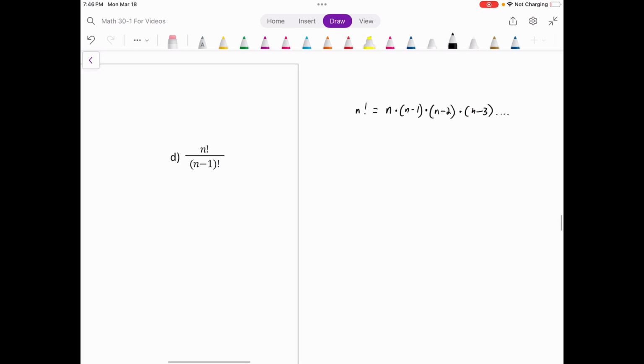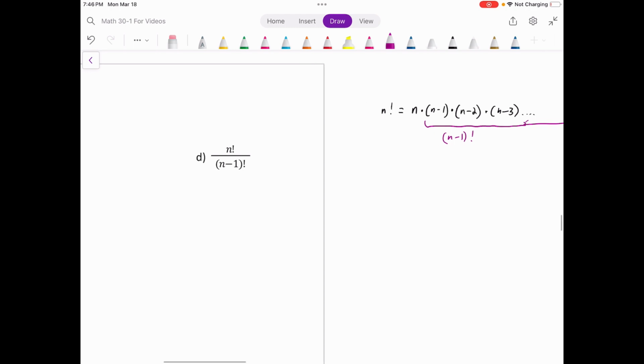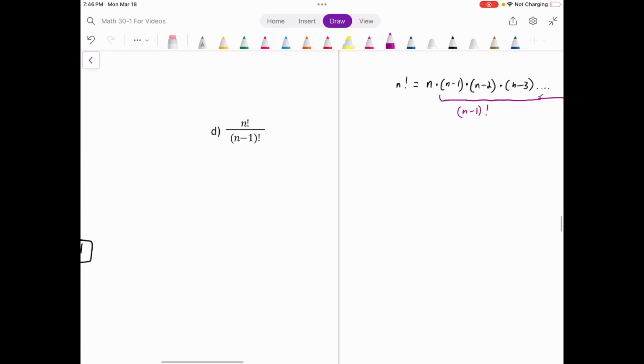So do you see how we can make use of that? n factorial over n minus 1 factorial. Well, n factorial is just n times n minus 1 times n minus 2 times n minus 3 and on and on and on. In other words, it's n times n minus 1 factorial. This is just n minus 1 factorial, right? Obviously, it keeps going, but that's what n minus 1 factorial would be.